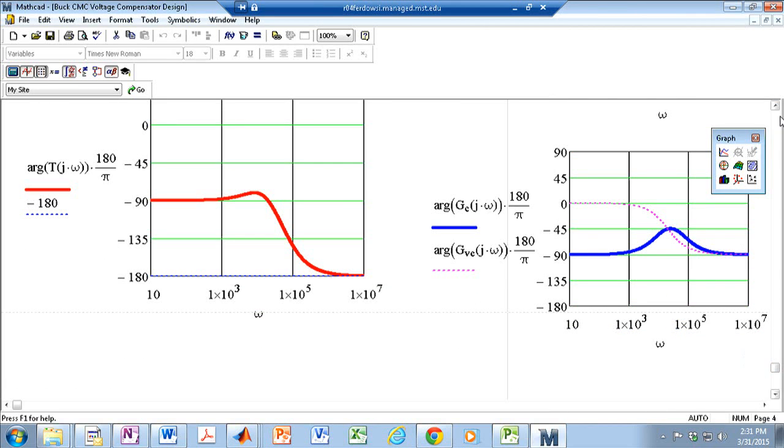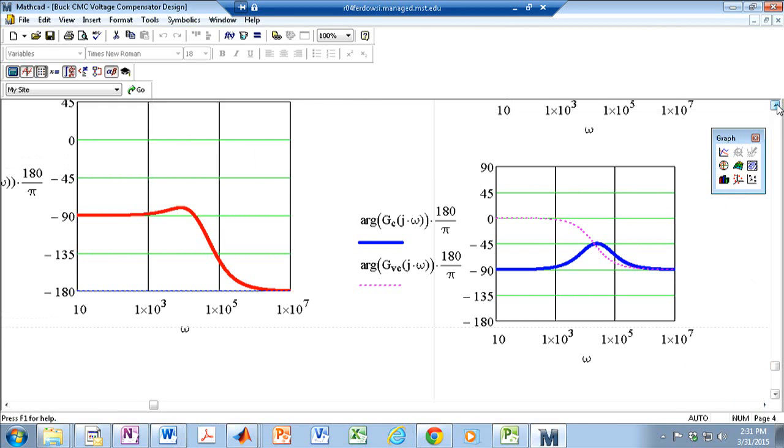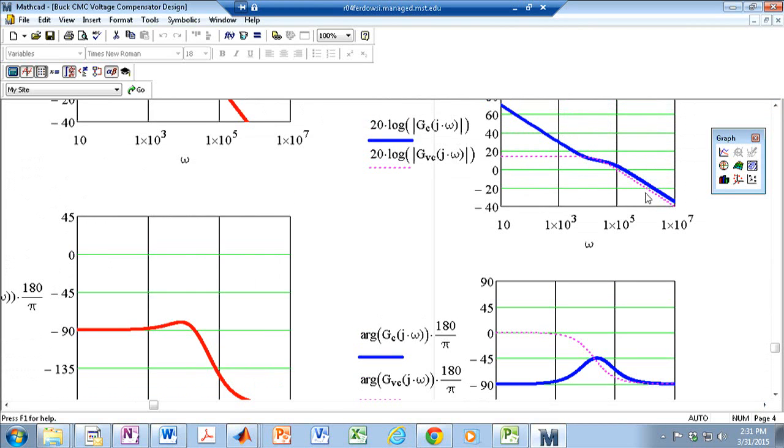Oh, by the way, on the right hand side, I am just looking at the compensation network by itself, not the loop gain. So the compensation network has a 0 over here and has a pole over here. They are very close to each other. As you can see, I have placed the pole a little bit higher than the corner frequency, and I have placed the 0 a little bit lower than the corner frequency.